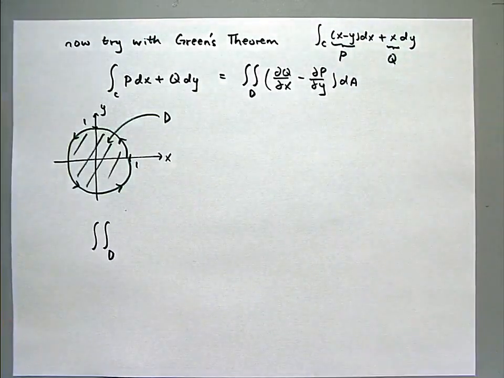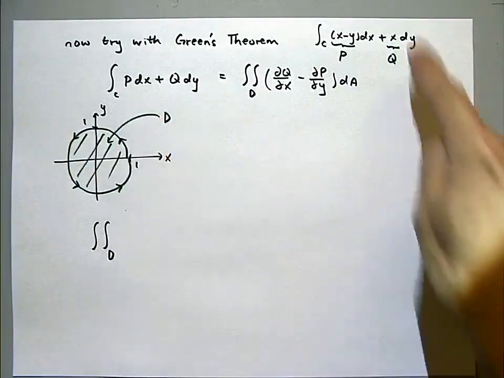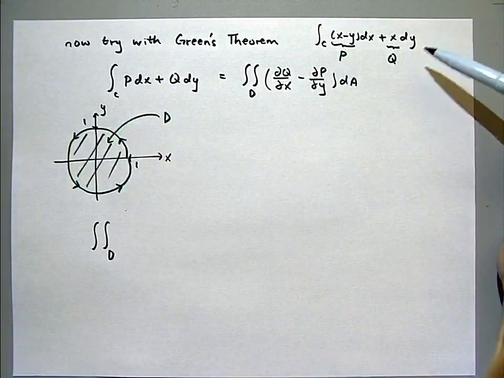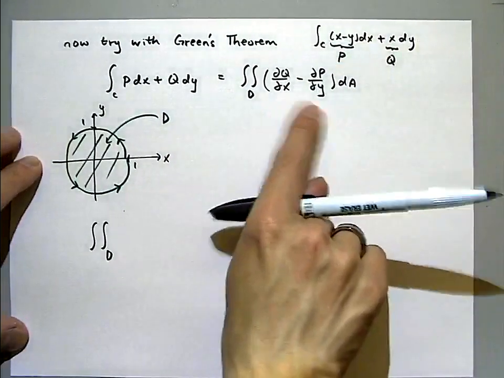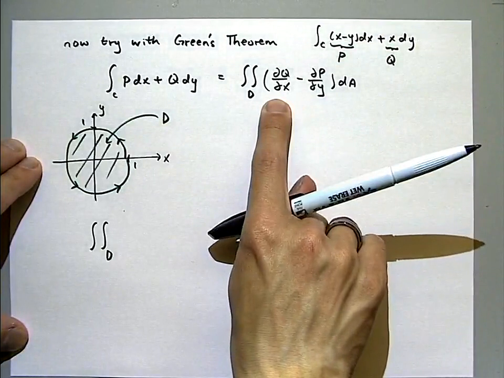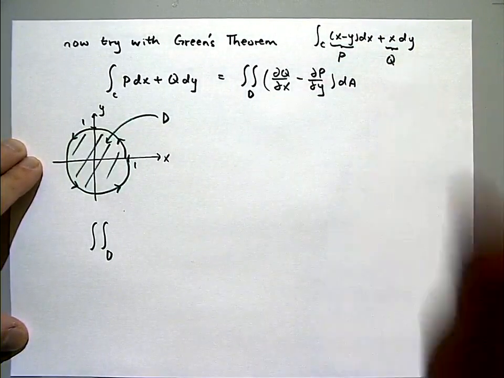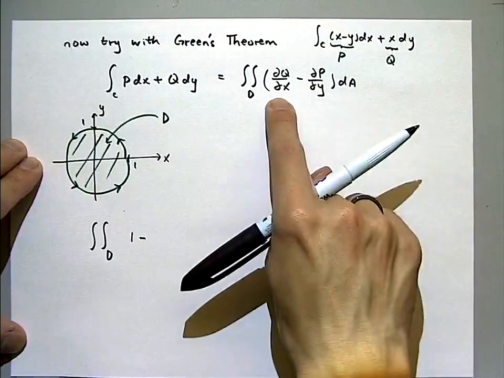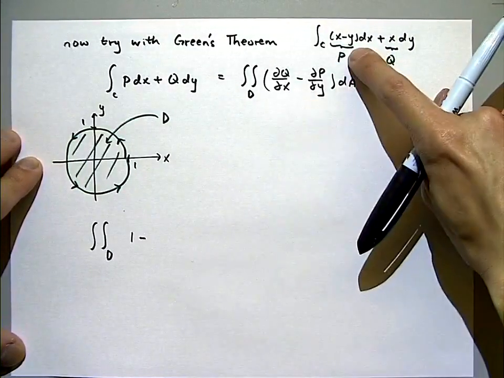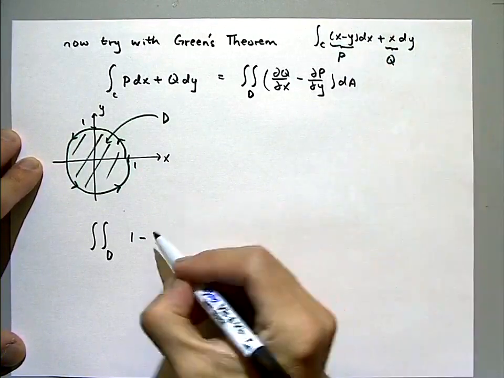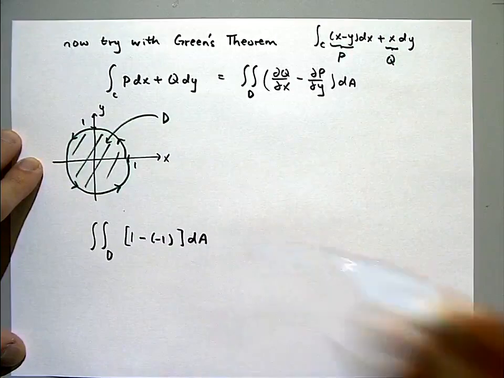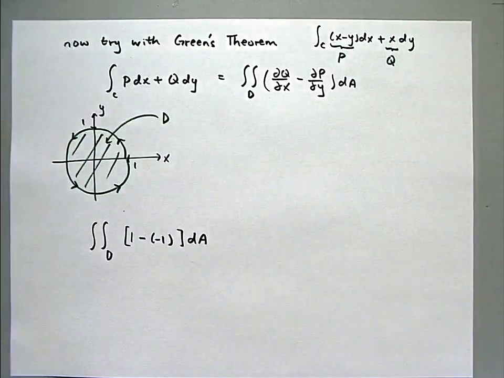P is the one that's attached to dx, and q is the one that's attached to dy. So let's calculate what's inside here. Partial q, partial x is 1, right? Minus partial p, partial y, which is minus 1. So we're integrating 2 over this circle dA.